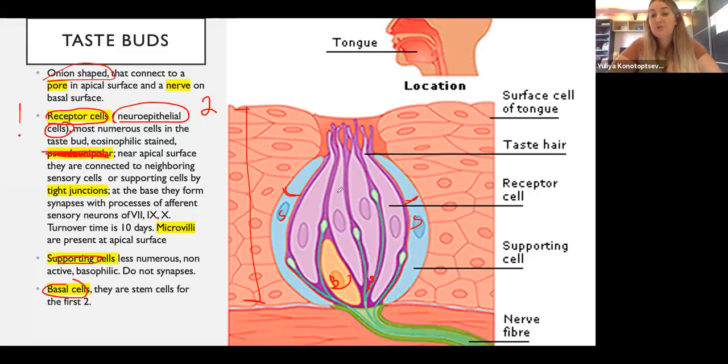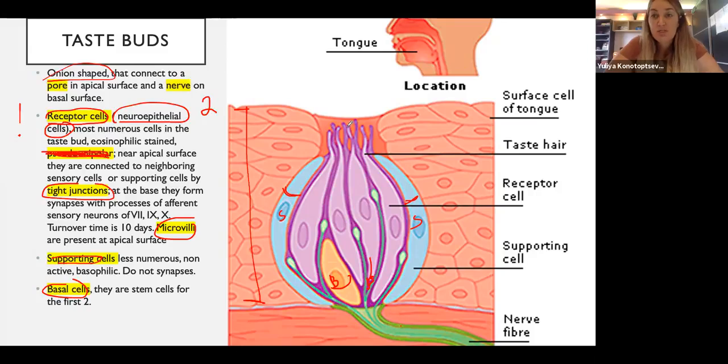Okay. Receptor cells are connected by tight junctions, so it's very important. And they have microvilli on their surface. Why? To make sure that they can absorb more food particles. Because think about it, what starts the release of the neurotransmitter, right? So why suddenly does the receptor cell secrete the neurotransmitter and start the action potential in the nerve fibers?